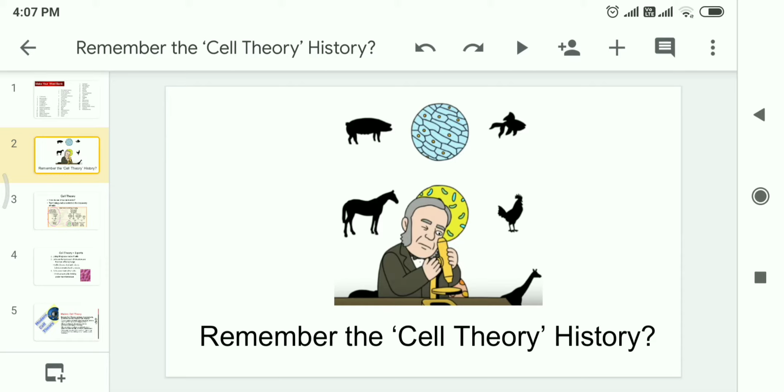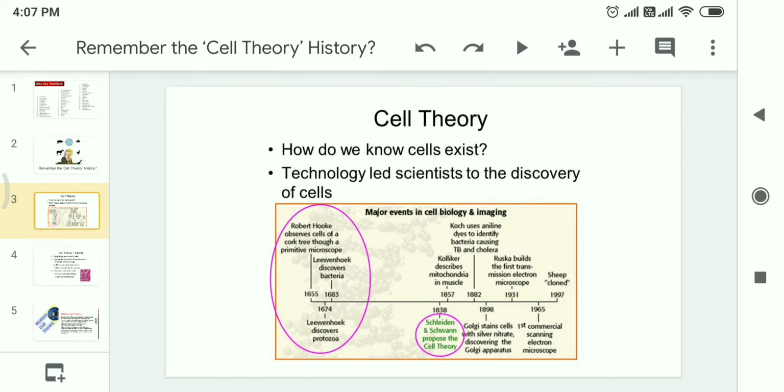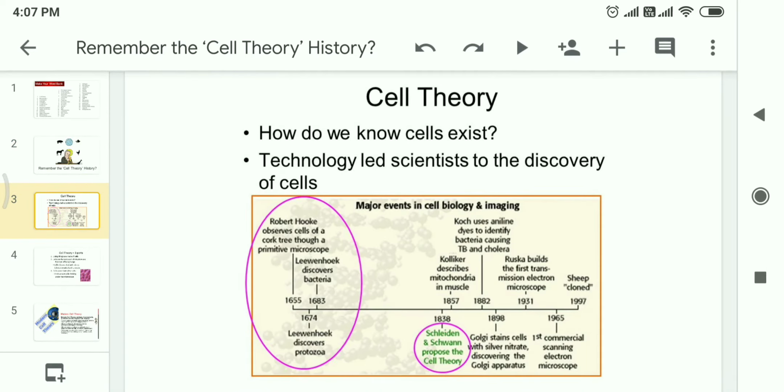So in the last module's video, we learnt about what cell theory is. So basically it is a series of historical discoveries, starting from Robert Hooke's observation of cells in a cork, and Anton Leeuwenhoek's passion for building different types of lenses, from which we got to know about how cells exist.